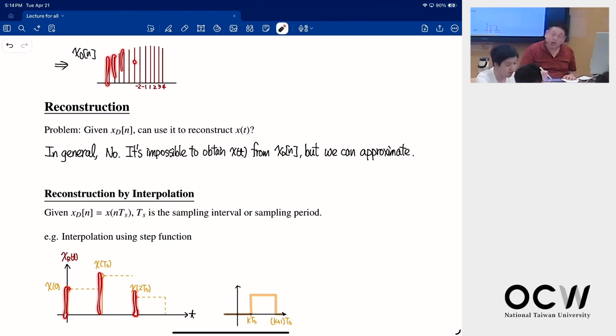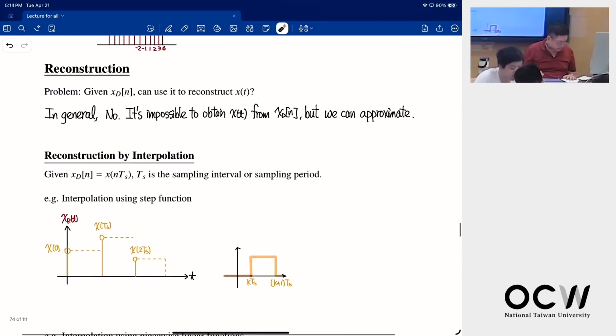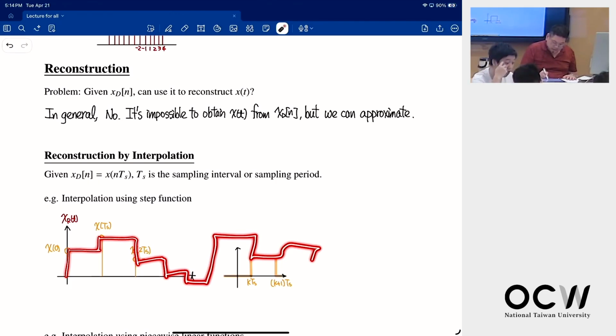How do I know the signal from this point to the next point? So I use the step function. This is like a step function. For this step function, I will create it like this. That is one way.